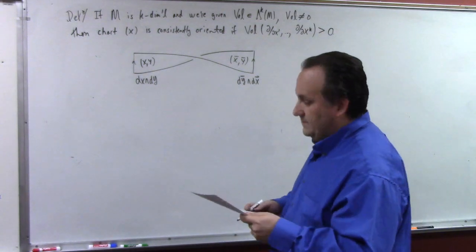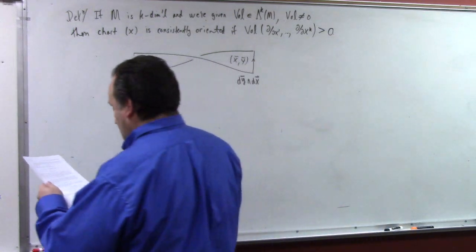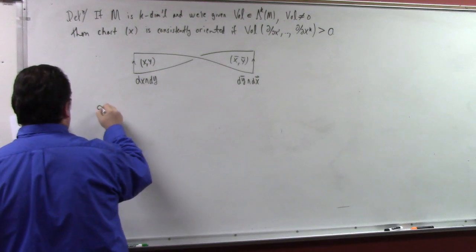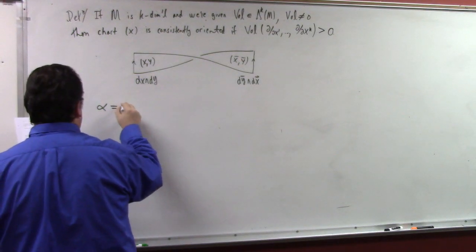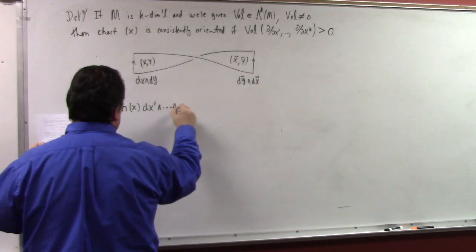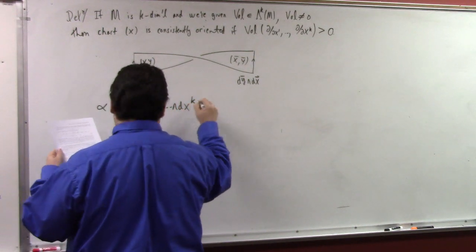So let's see here. Suppose you've got a k-form, alpha. On the one hand, you can write it as h of x dx1 wedge dx2 wedge ... wedge dxk, right?